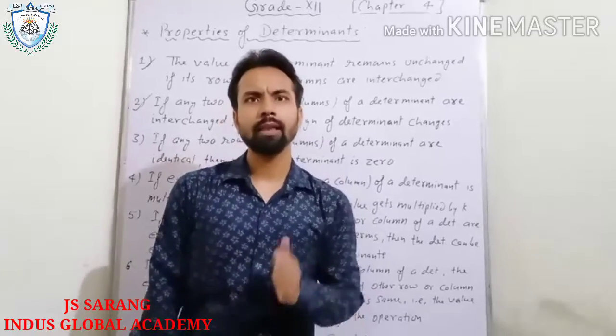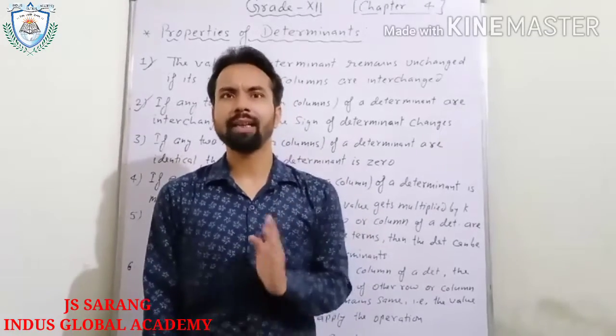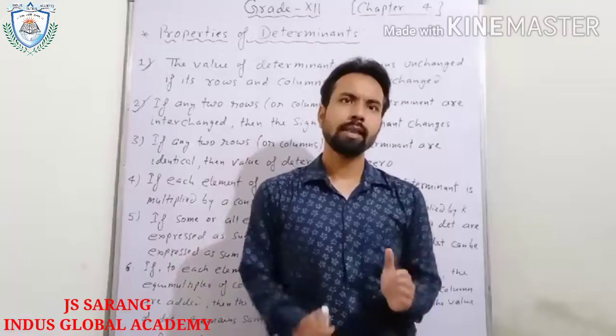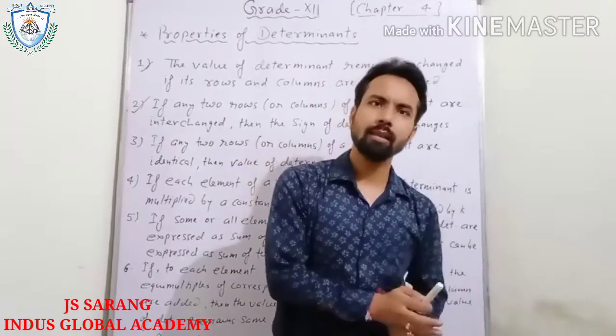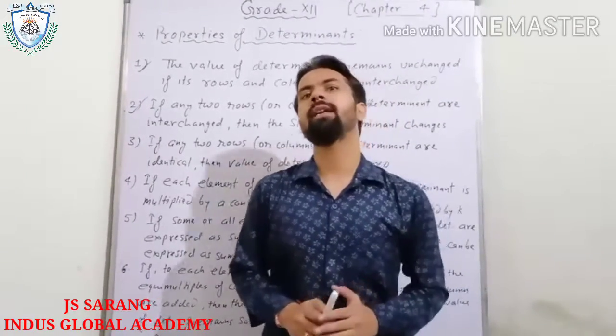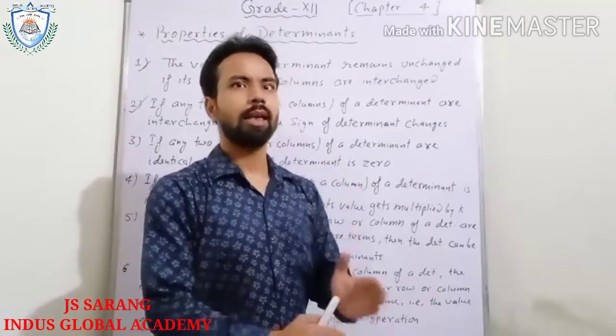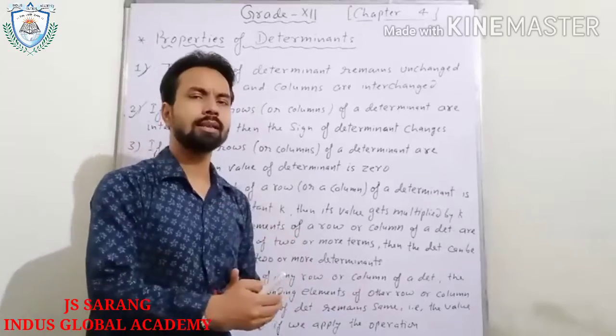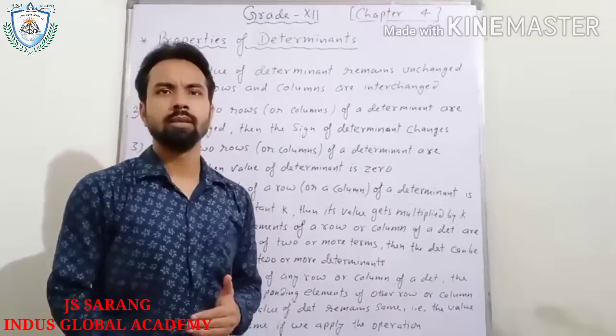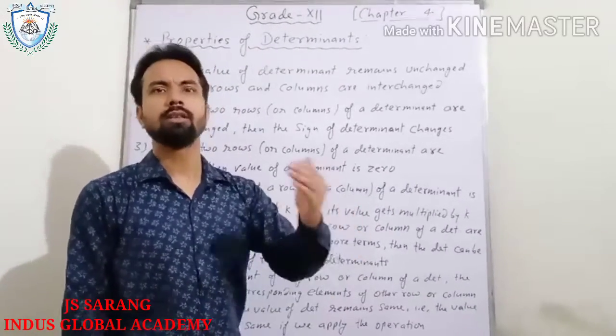Similarly, if we want to interchange two columns of a determinant, for example C1 and C2, C2 and C3 or C1 and C3, then the sign of the determinant will be changed. Understood? Means whenever we interchange two rows or two columns, the sign of the determinant will be changed.